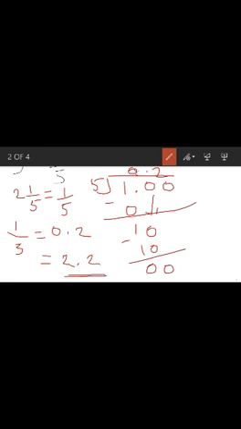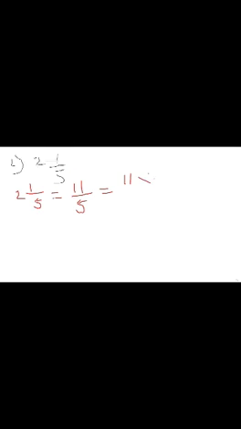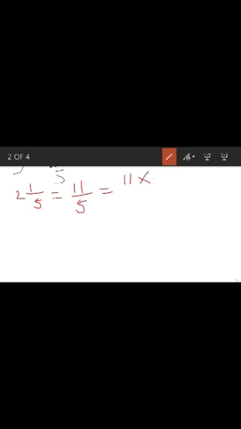Okay. Now there is a third method also. We'll see that third method. Now 2 1 upon 5 is equal to 11 upon 5. We need to convert this 11 upon 5 into a fraction with denominator 10. What do we need to do then? 11 multiplied by 2 and 5 multiplied by 2, giving 22 upon 10.